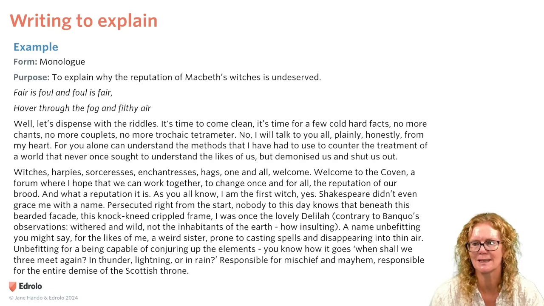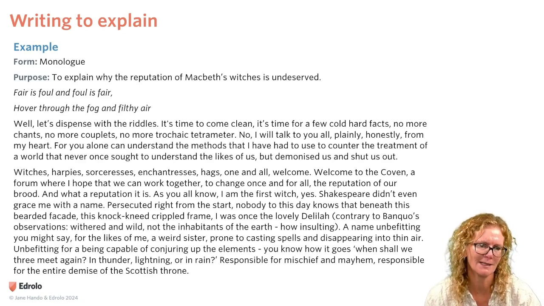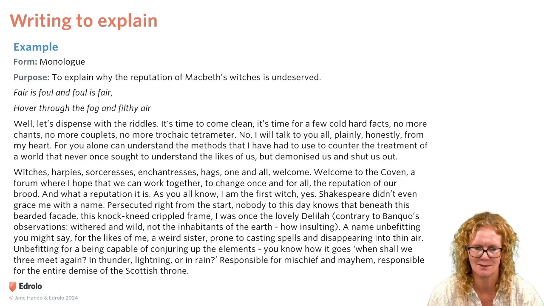And what I'm doing here is defending the position of the witches in the play Macbeth, because they're much maligned and they've got a really bad rap. So I'm challenging that and I'm explaining that reputation is not very fair. So my purpose is to explain why the reputation of Macbeth's witches is undeserved.